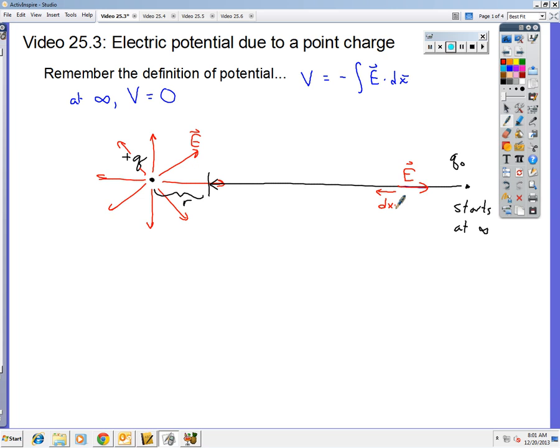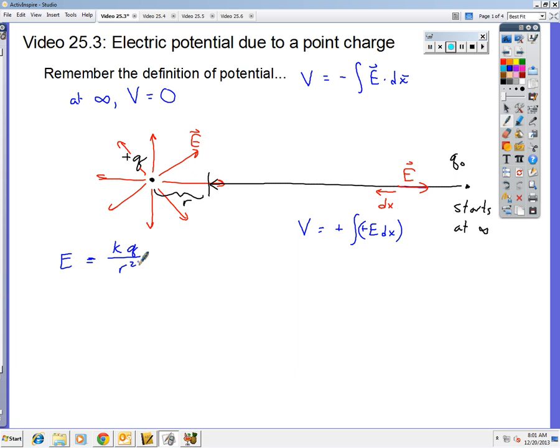And that means that E dot dx is negative, and V equals negative E dx, and those negative signs cancel out. We also know that the electric field is equal to kq over r squared.